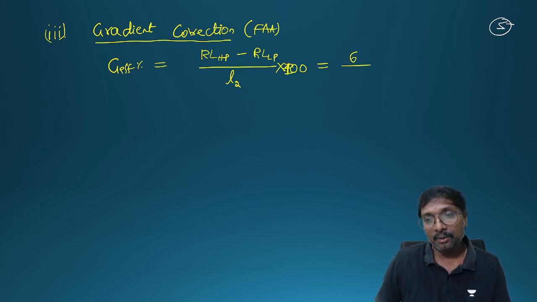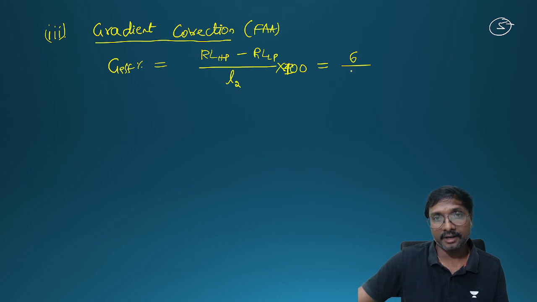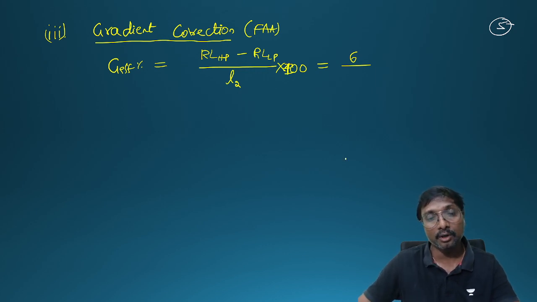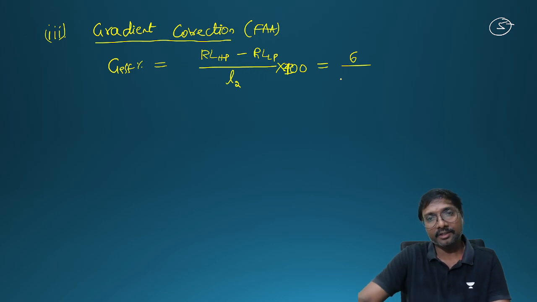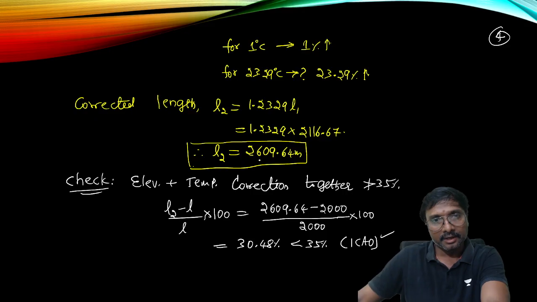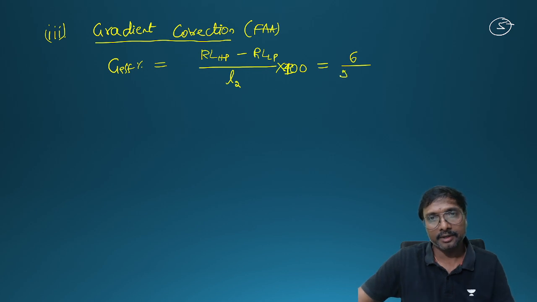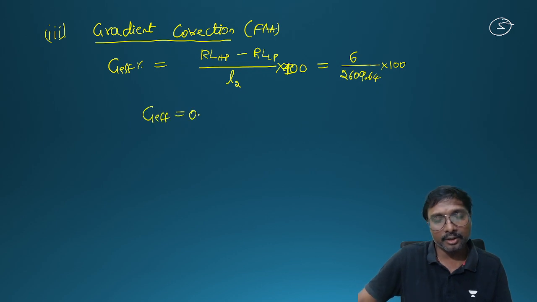Now 6 meters divided by L2, which we just obtained as 2609.64, is it so? Just to check, 2609.64, multiplied by 100, right?